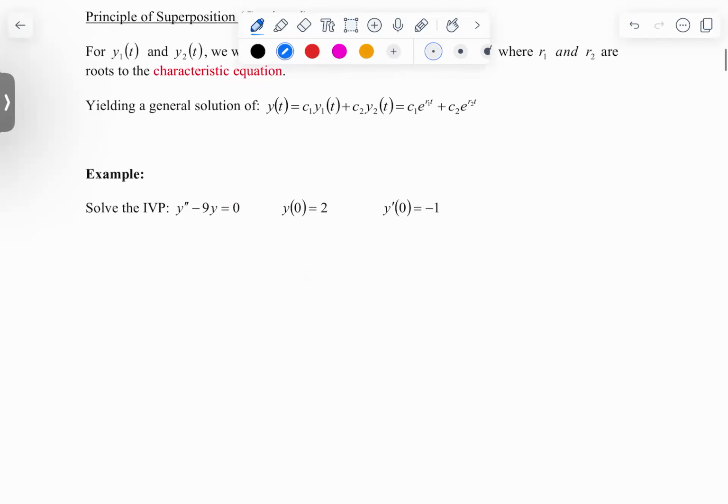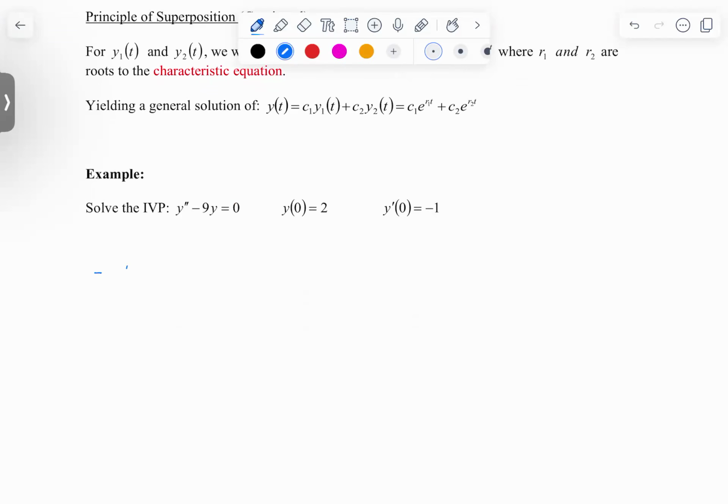So to solve this, I want to solve the IVP. Notice that I have two initial conditions, because whatever order you have, you need that many initial conditions to solve it.